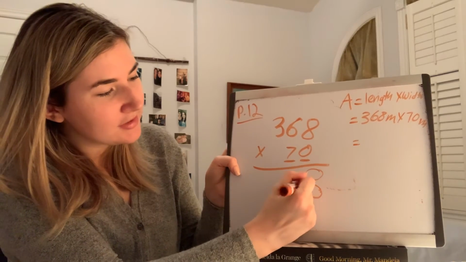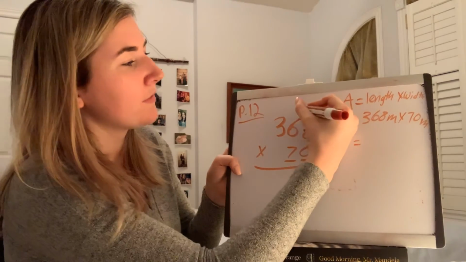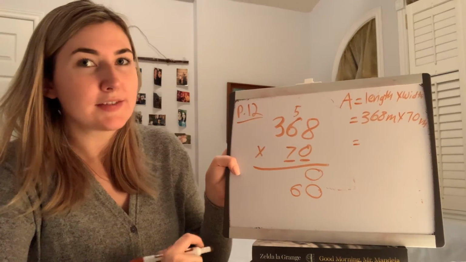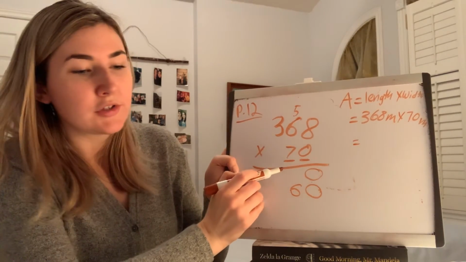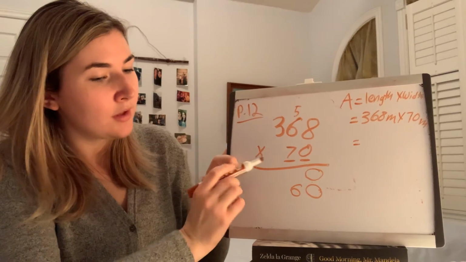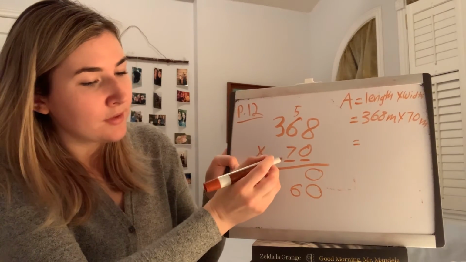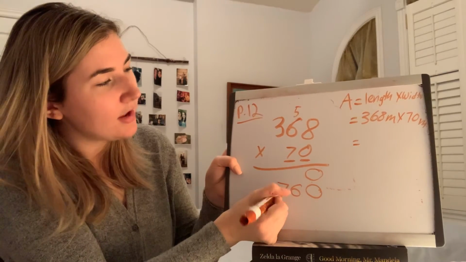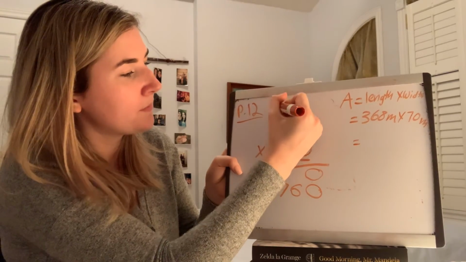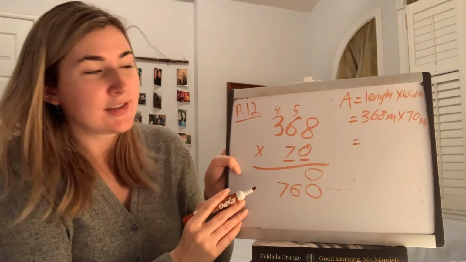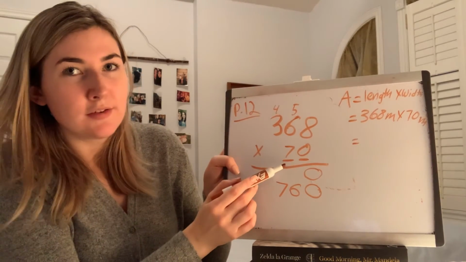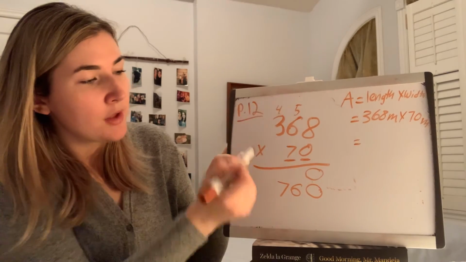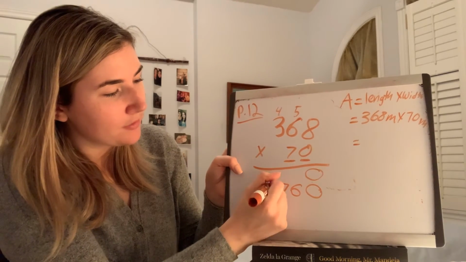I'll bring down our 6, and I'll carry our 5 on top over here. And then we have 6 times 7, which is 42, plus the 5 equals 47. I'll bring down the 7, and we're going to carry the 4. And then our last step is 3 times 7, which is 21, plus the 4 that we carried over, which will give us 25.